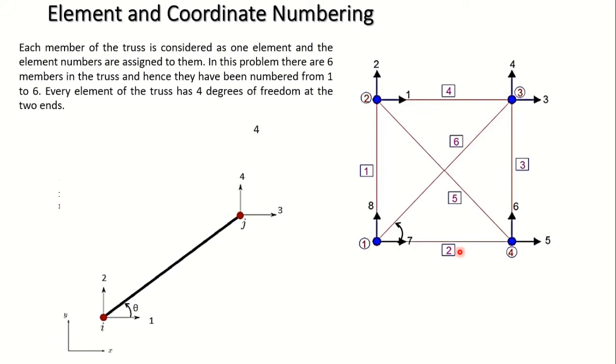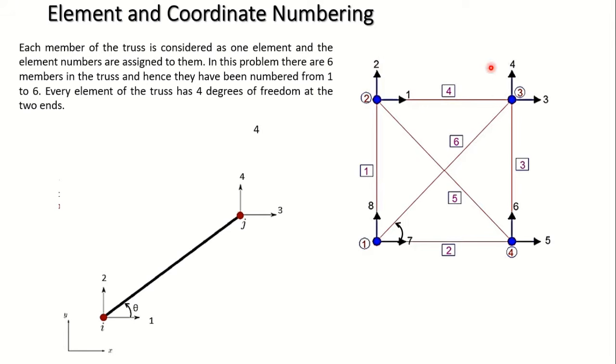At joints 1 and 4 the degrees of freedom have been restrained, because there were supports provided at joints A and B. At joints 2 and 3 we can have translation in the x and y directions, so the numbering of the coordinates has started with these joints.